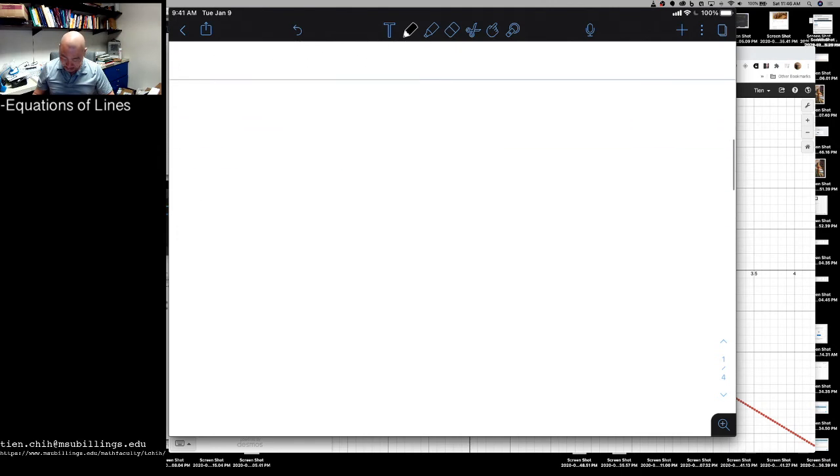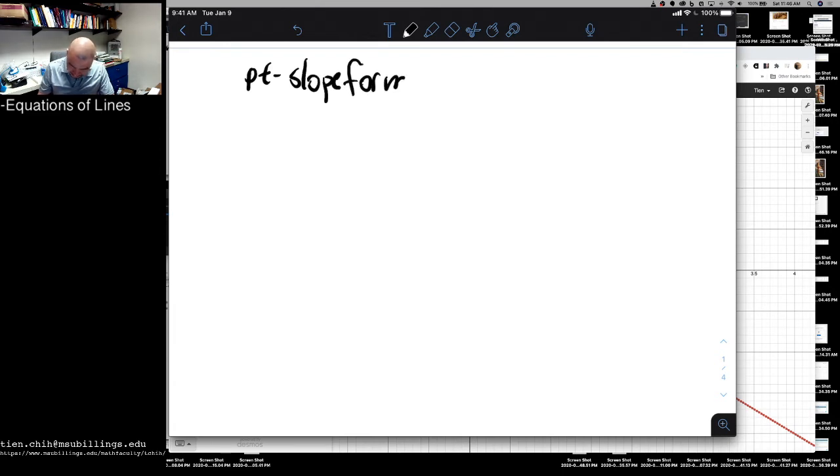The last one is something called the point slope form. And to get a feel for this, we want to think back on what we said earlier about graphing lines.